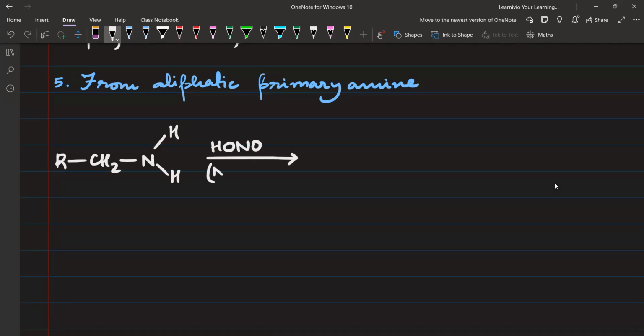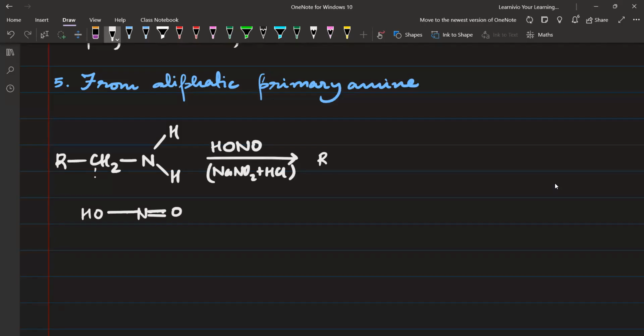This can be prepared by reacting NaNO2 plus HCl, and you will get R. By the way, HONO has nitrogen and oxygen; the bonding is N double bond O and OH.